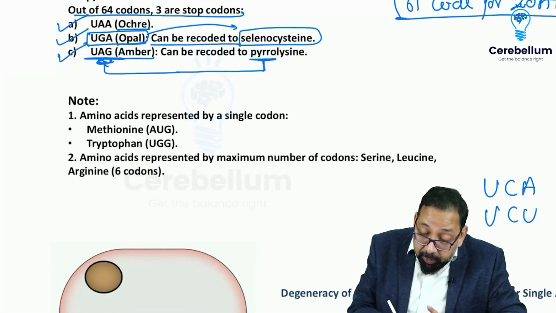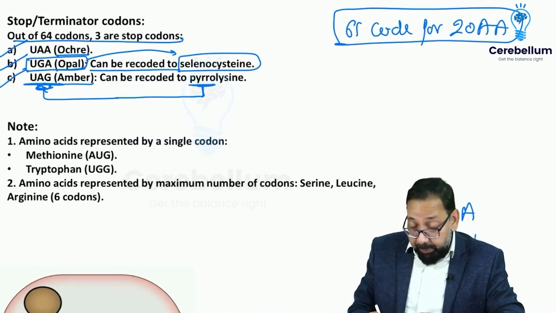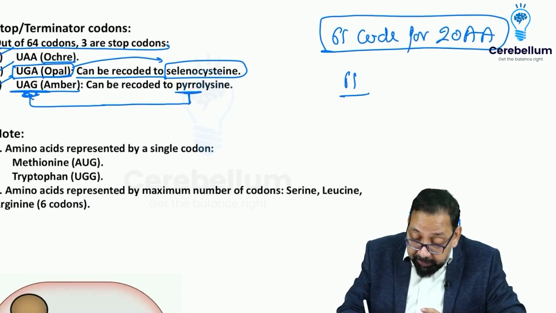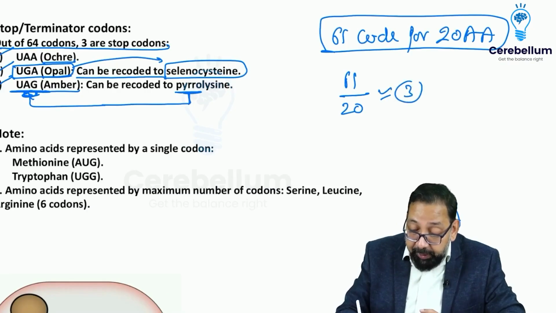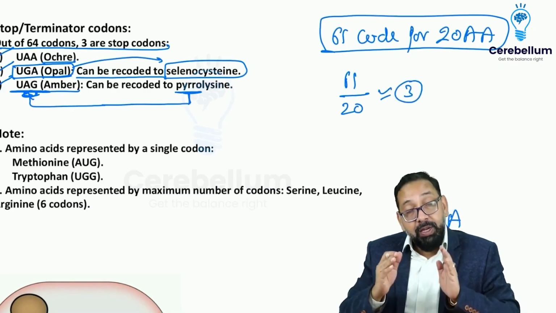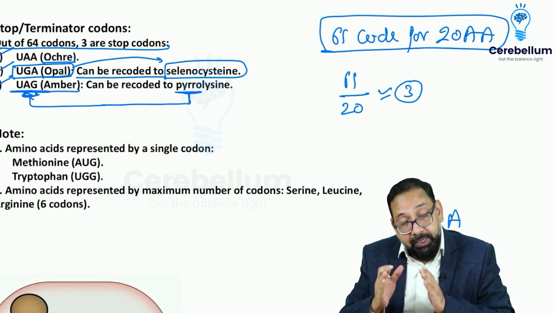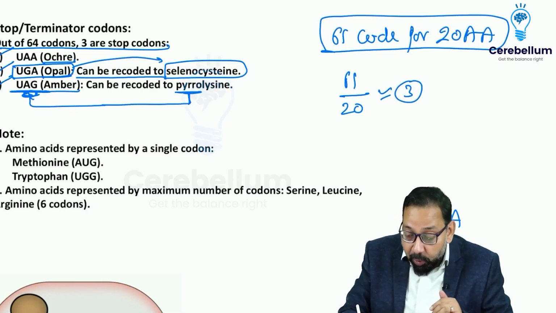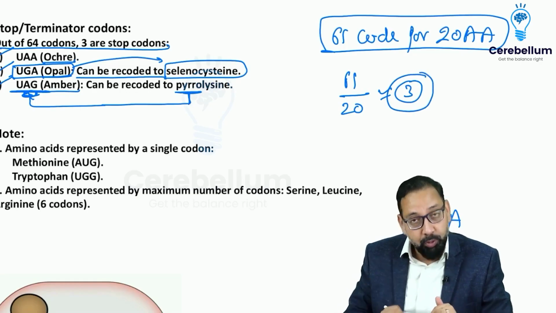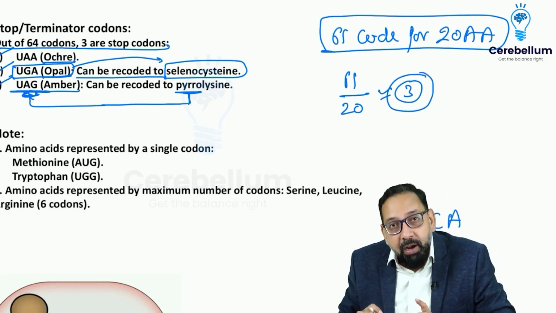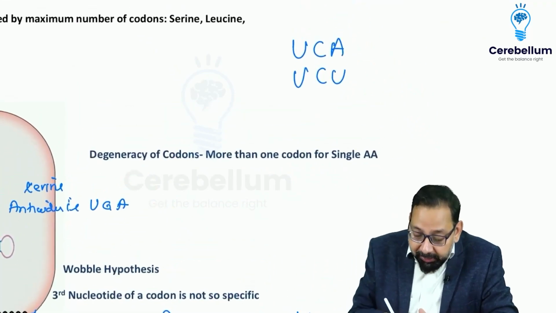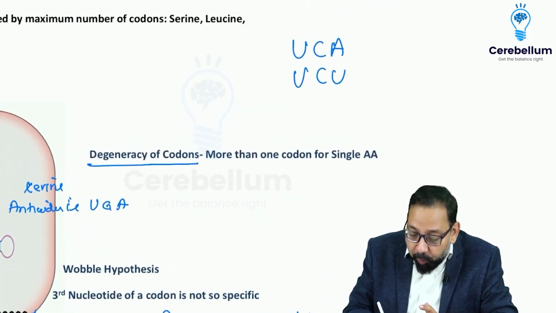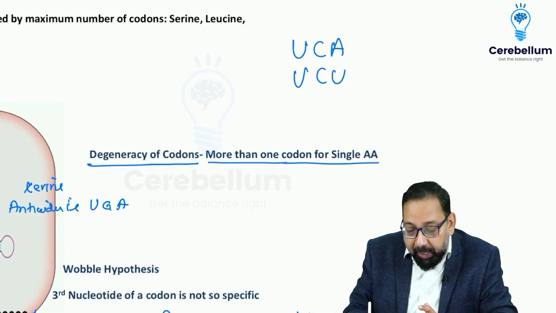We found that 61 codons code for 20 amino acids. If I take the average, 61 divided by 20 is on average 3. So one amino acid on average has 3 codons. So for one amino acid there is more than one codon, and this is called degeneracy of codons: more than one codon for a single amino acid.